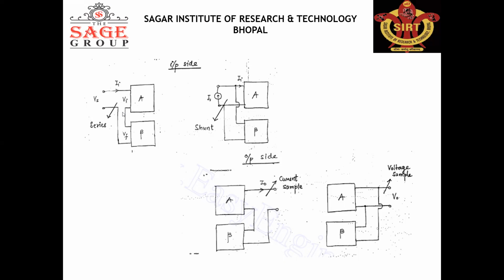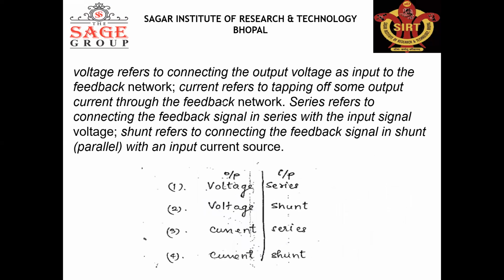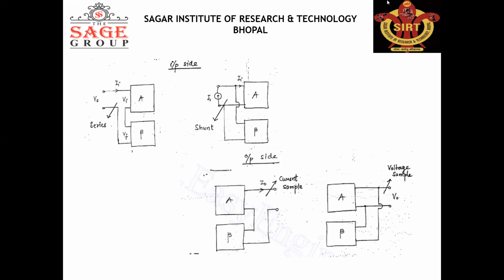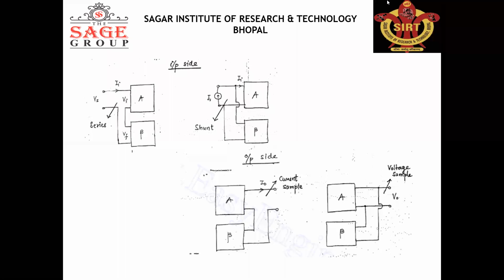Here the mixing is shown. Mixing is done on the input side and sampling is done on the output side. This is a series connection. We have already said that in a series connection, the two signals should be in voltage form.